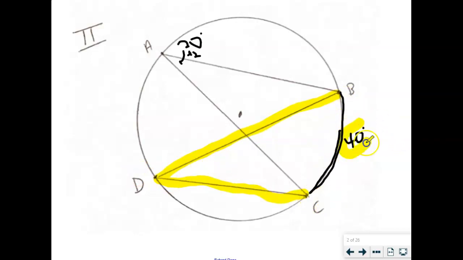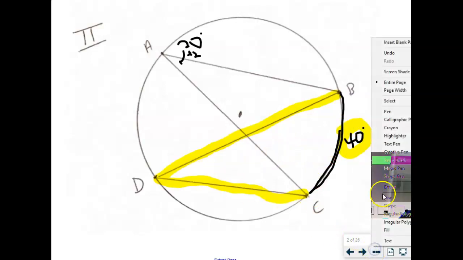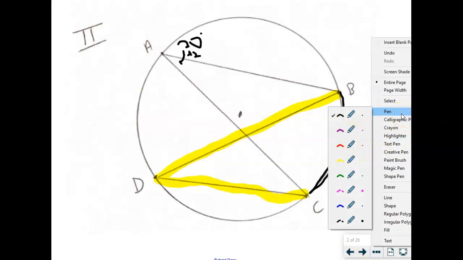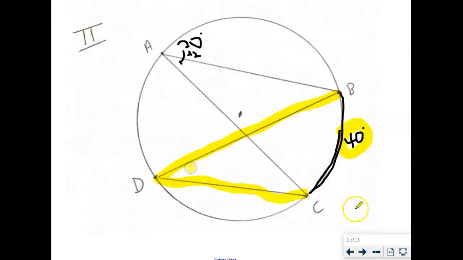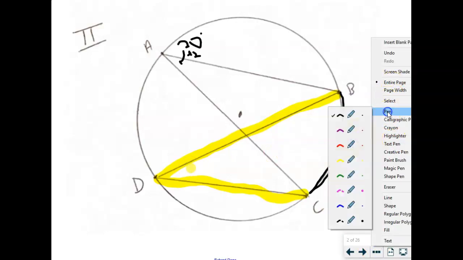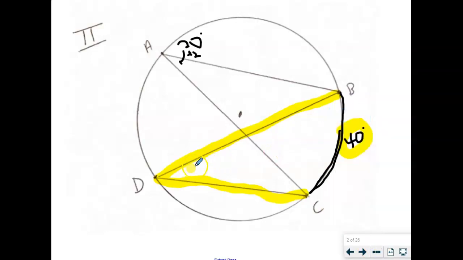Since this is 40 degrees, then that means angle D is also 20 degrees. So in this scenario, angle A is congruent to angle D because they go to the same intercepted arc.